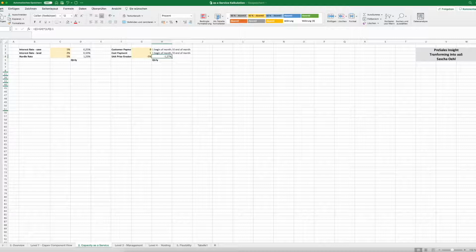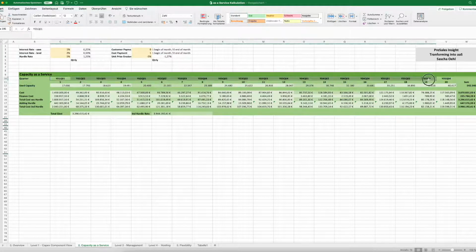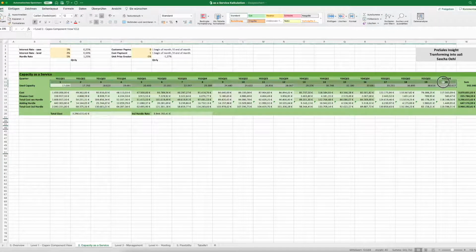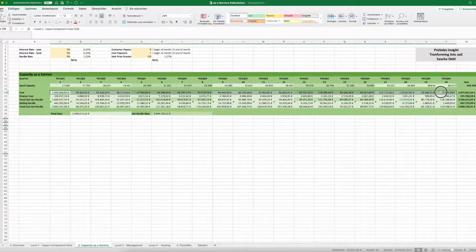The first step on our journey to a capacity-as-a-service pricing, I did some preparation here before. We start again with mapping the quarters on the top, the used capacity that the customer is using and we are settling the customer for, and the cost that we've calculated in the last sheet.